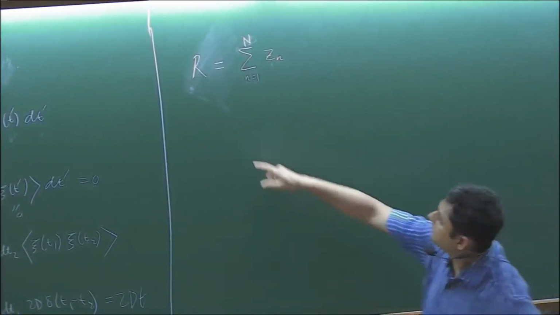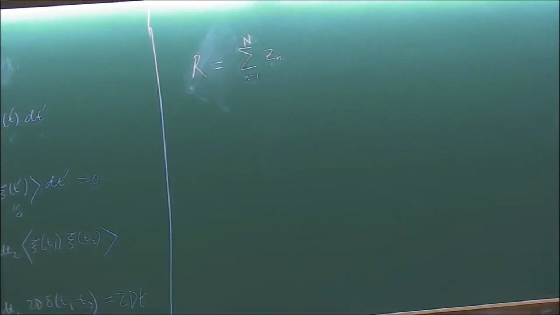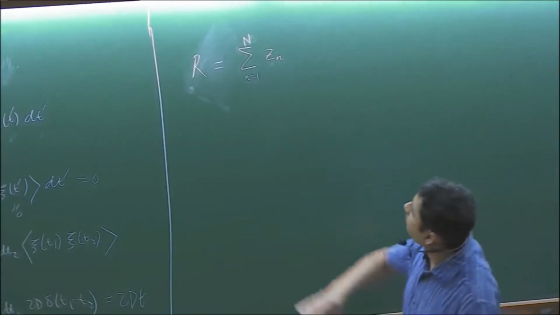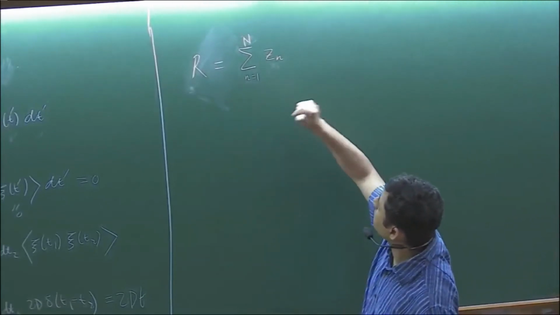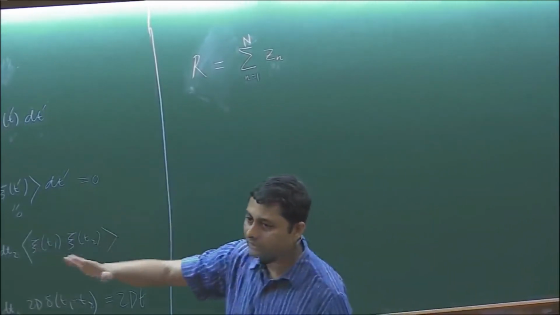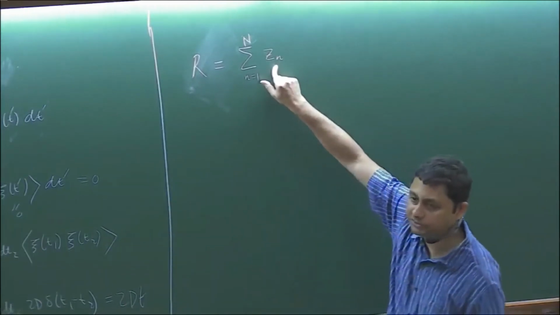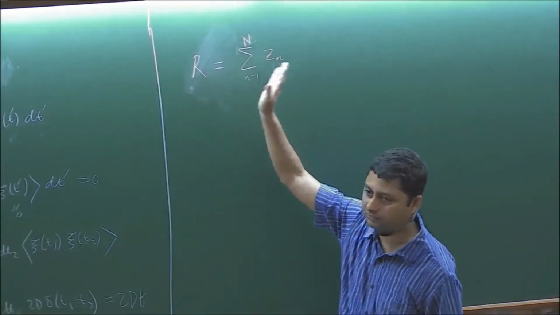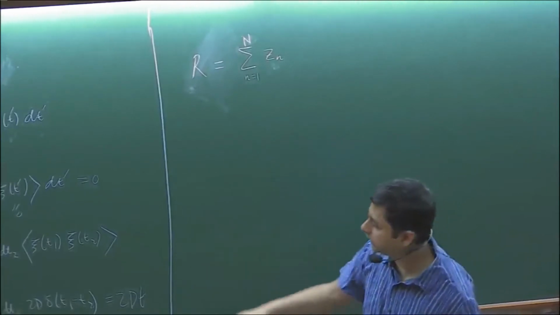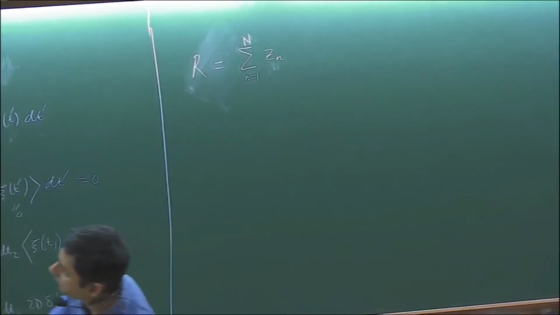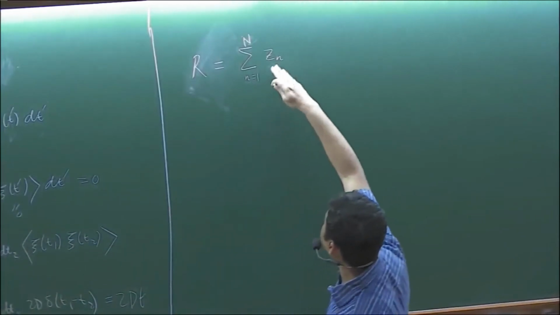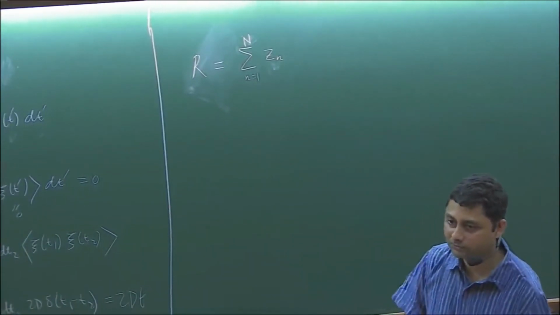So what is the distribution of R going to be? I'm going to assume that these guys have mean 0, because if the mean is not 0, I can always shift it and look around the mean. That's what we did when we went from S to R. Also, I assume that these guys have the same variance, just for simplicity.